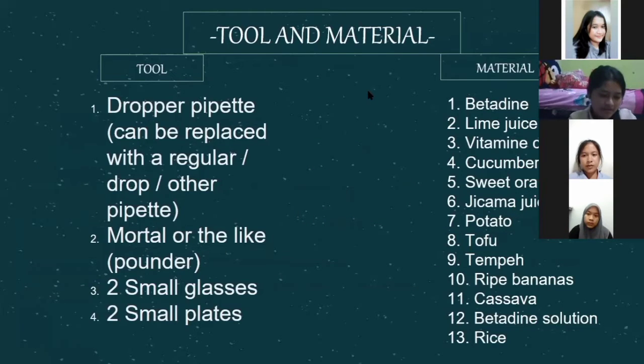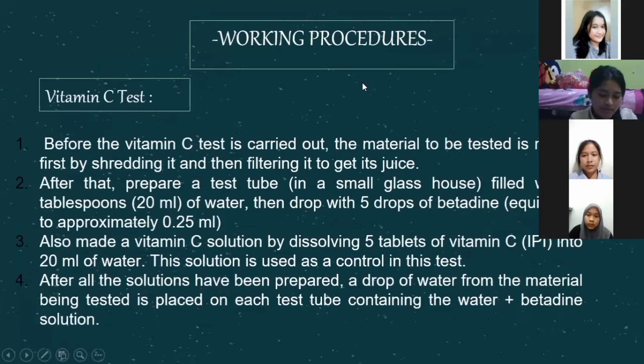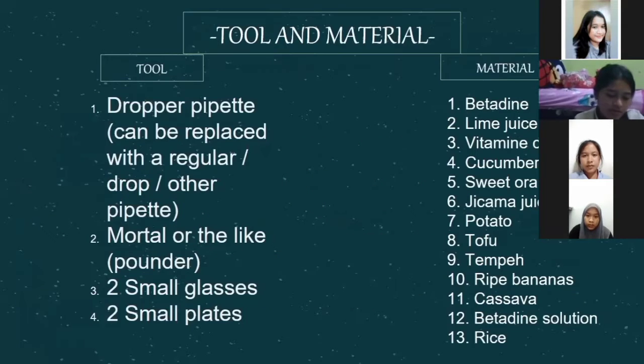Okay, next. Tools and materials. Tools: 1. Dropper pipette, which can be replaced with a regular pipette. 2. Mortar or the like, or pounder. 3. Two small glasses. 4. Two small plates. Materials: 1. Betadine, 2.